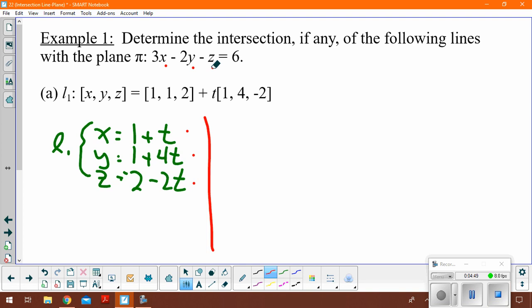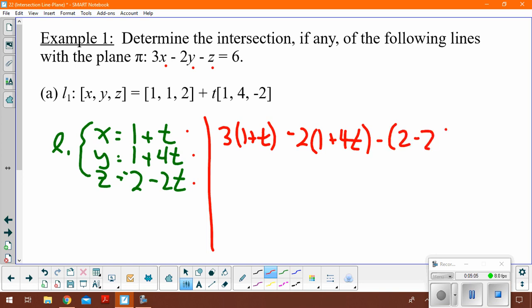So I have 3 times x, and x is 1 + t, then subtract 2 times y, which is 1 + 4t, minus z, which is 2 - 2t, equals 6. This equation only has one variable in it now, t, so we just have to solve it for t.